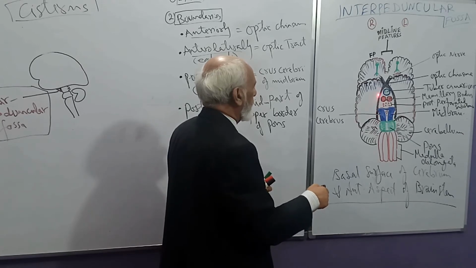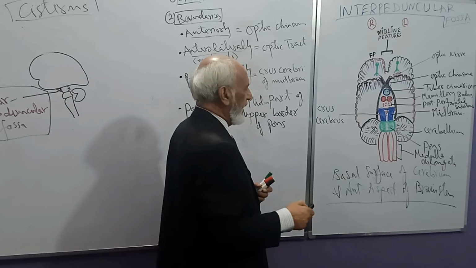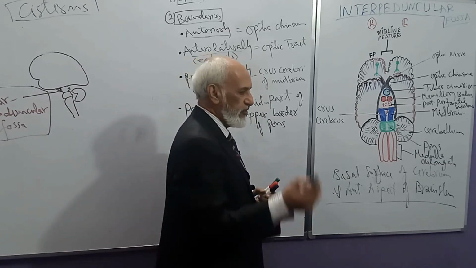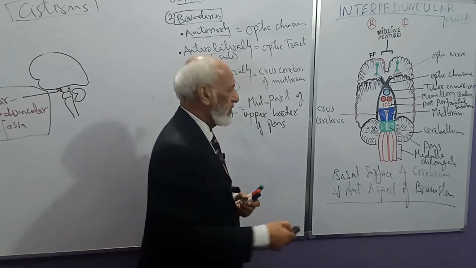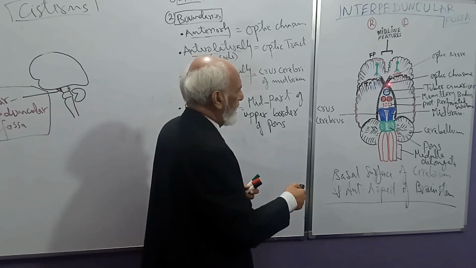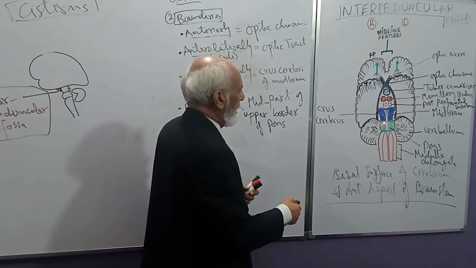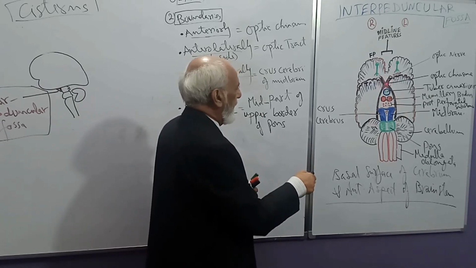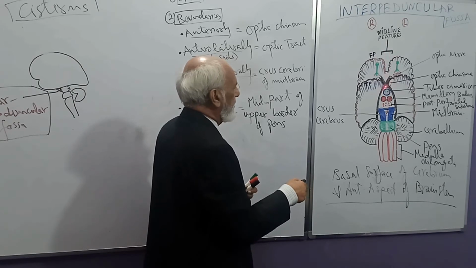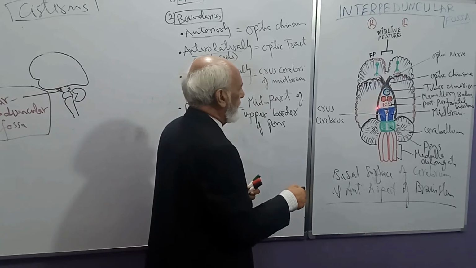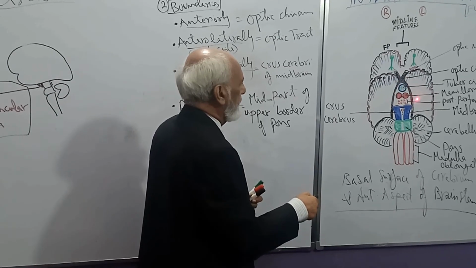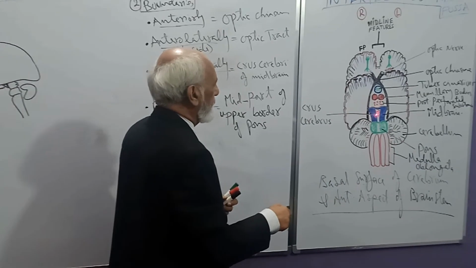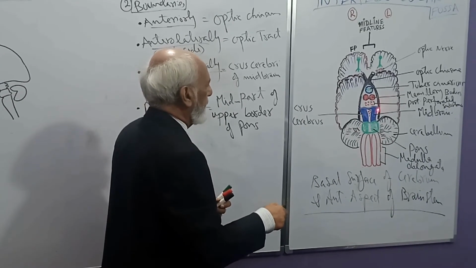So these are the boundaries. First of all, we discussed the extent, from where up to which point the interpeduncular fossa extends: anteriorly from the optic chiasma, posteriorly the mid part of the upper border of the pons. Now what are the boundaries on each side, anteriorly and posteriorly? The anterior boundary, you can see, is the optic chiasma. Then anterolaterally is the optic tract on each side. Posterolaterally is the crus cerebri of the midbrain on each side.